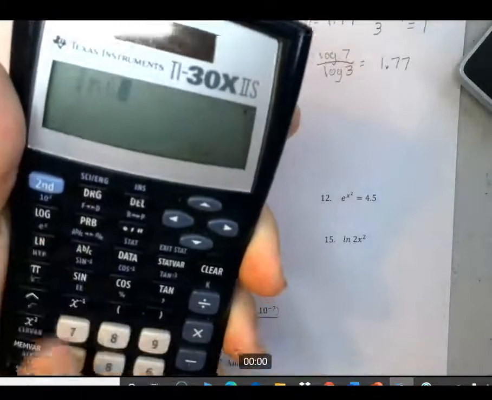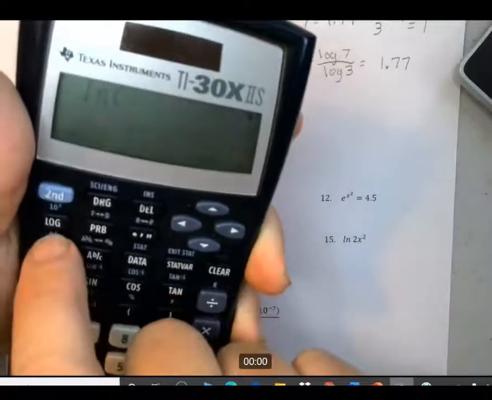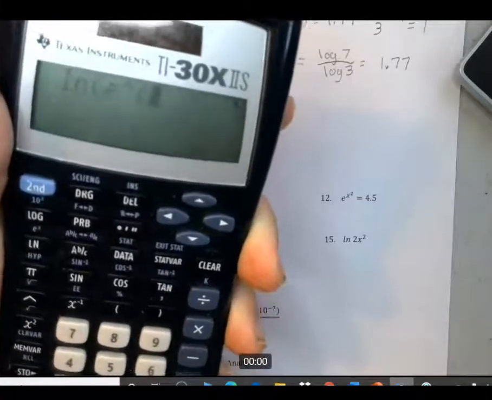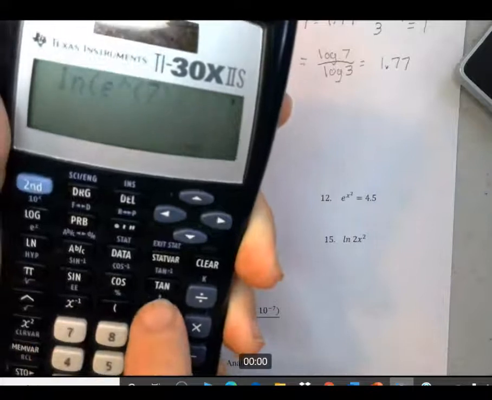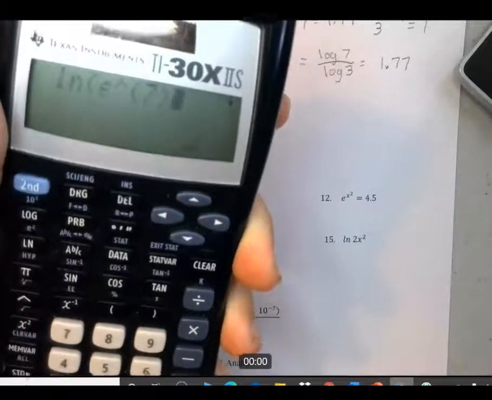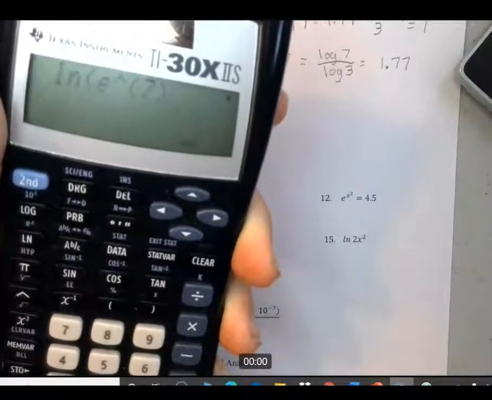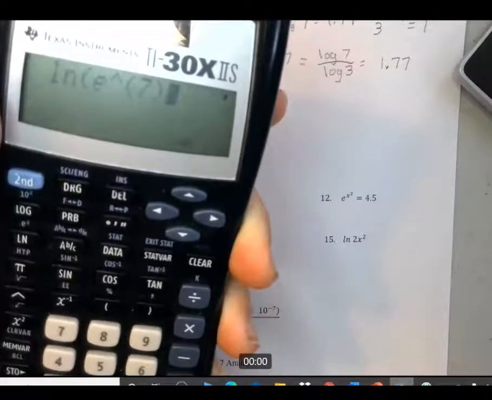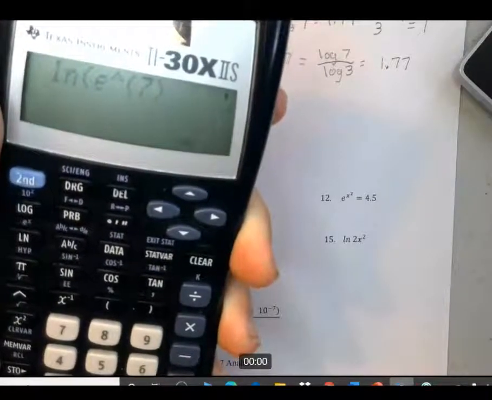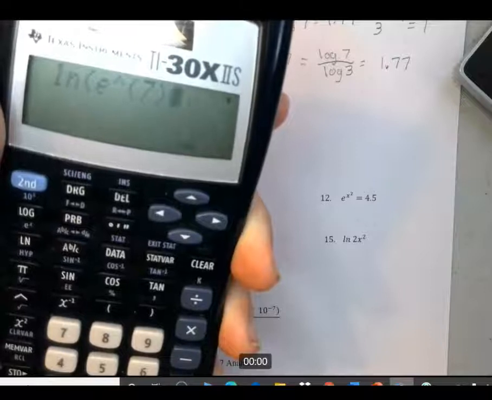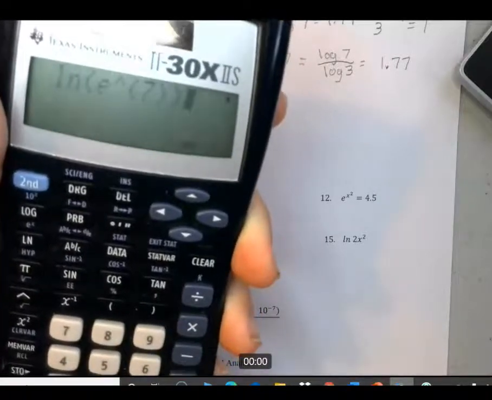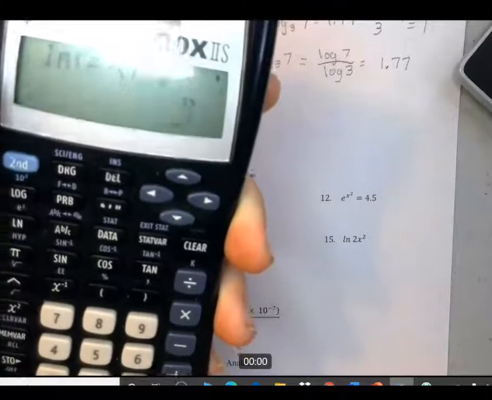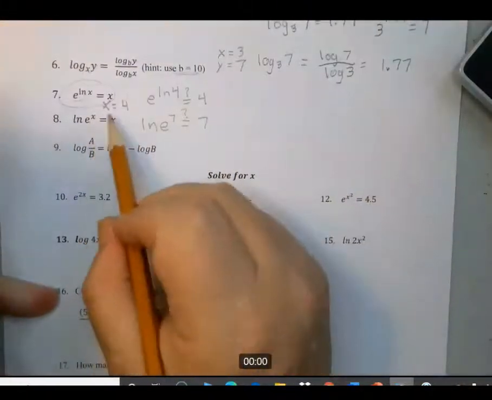So natural log, second, natural log, then 7, close the parenthesis. In fact, watch out, this could cause a problem. You have to close a second parenthesis. So be careful about that. And then you hit it, and it gives you 7. Okay, so that works.